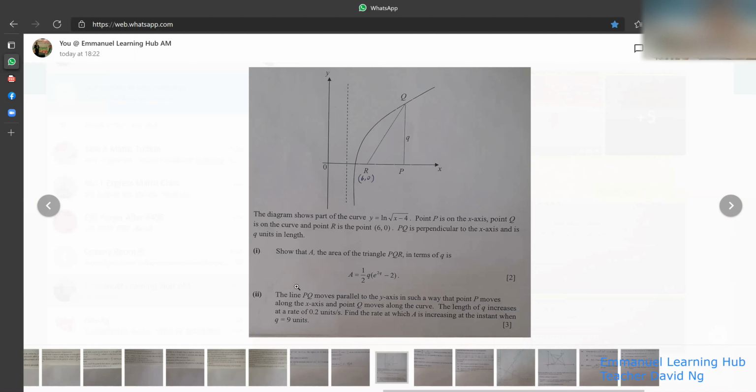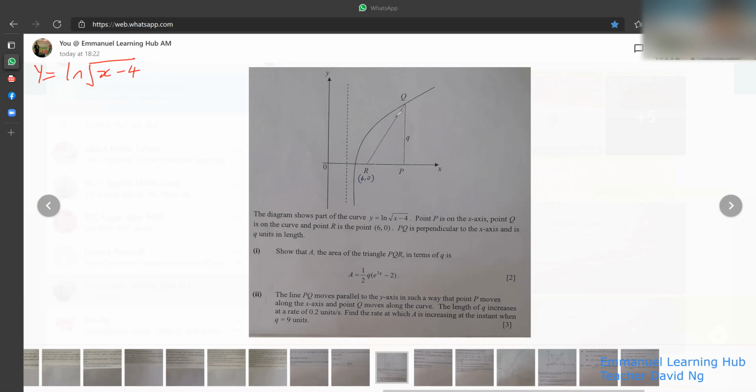Is this okay? First, you have this equation here, so you have y is equal to ln square root x minus 4. For your P, you do not know the x coordinate of P. You only know that the y coordinate of Q is q.